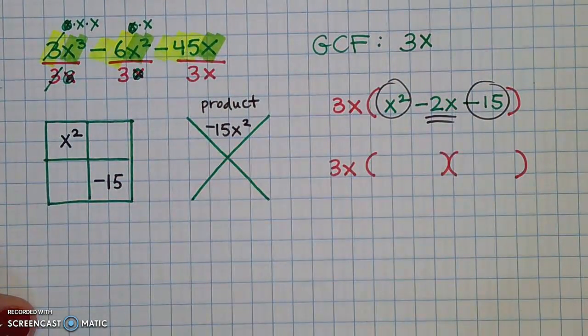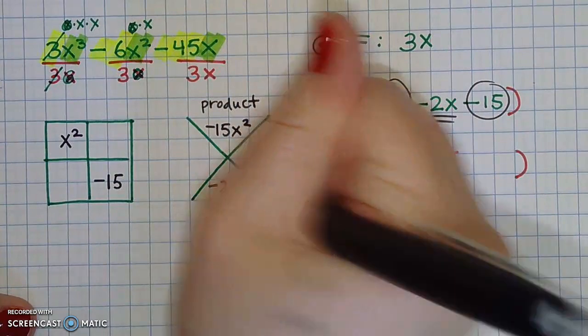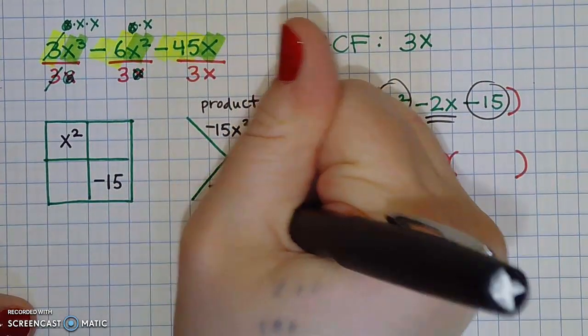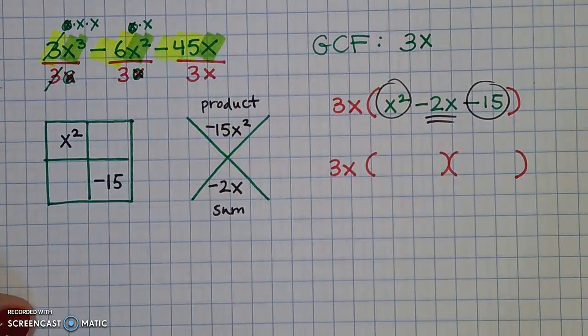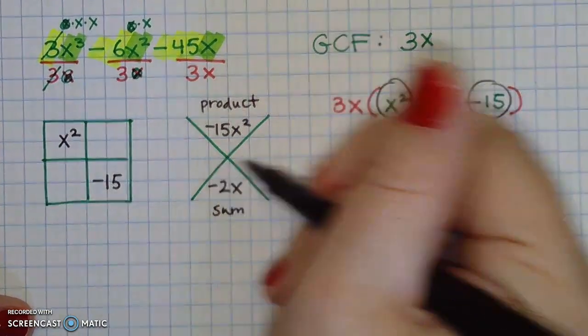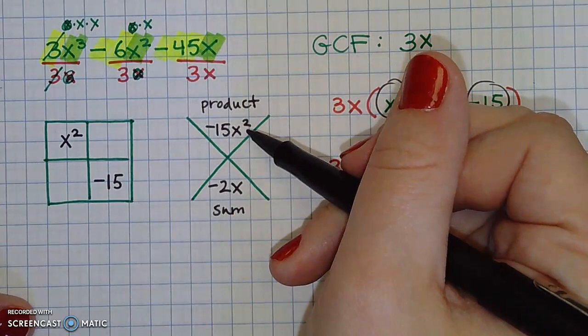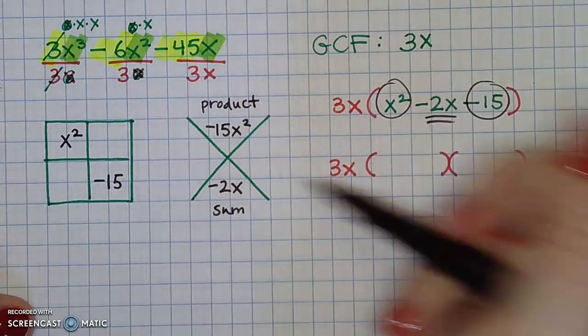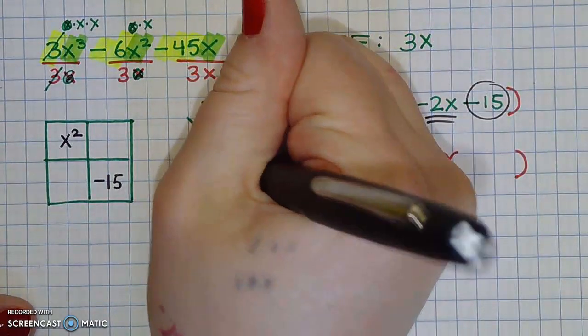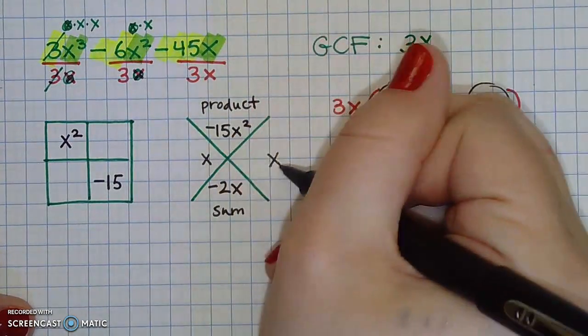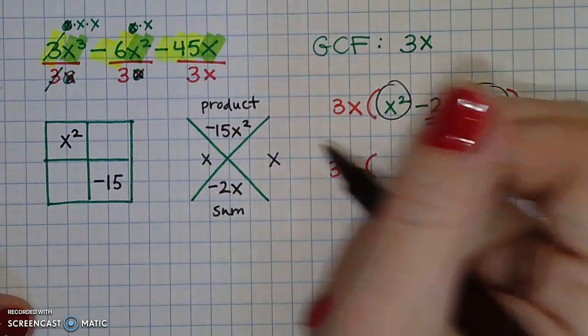The term in the middle, negative 2x, goes on the bottom. That represents our sum. And now we want to figure out two values that multiply to be negative 15x squared and add to be negative 2x. So I know x times x makes x squared.